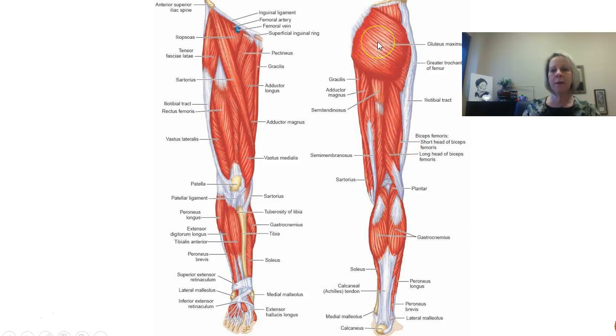Here is the gluteus maximus, and here is the biceps femoris, which is different from the muscle in the front of the thigh called the rectus femoris. You want to know that one as well. That one straightens out your knee or extends your knee. And here is the sartorius, a very long, thin muscle that goes across your thigh. In the back of your leg is a gastrocnemius muscle and soleus muscle. They both pull up on the heel, and so they help to what we call plantar flex your foot.